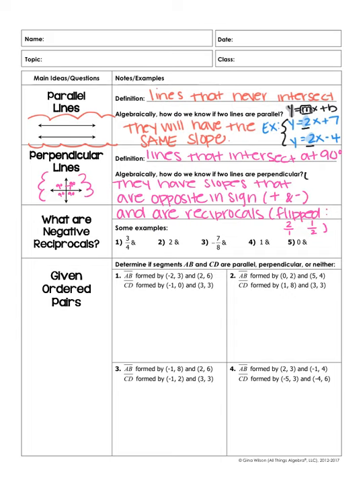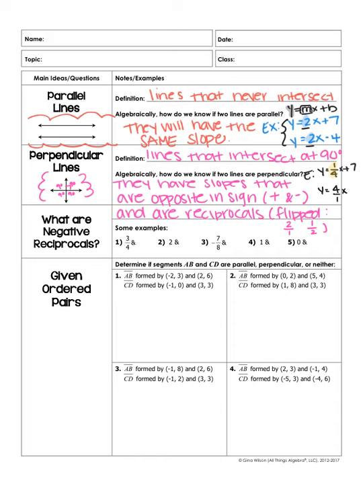An example could be if I had y equals 1/4 x plus 7. Notice that's a positive 1/4 slope. To be perpendicular, I would have to flip it, do the reciprocal, so that would be 4 over 1.